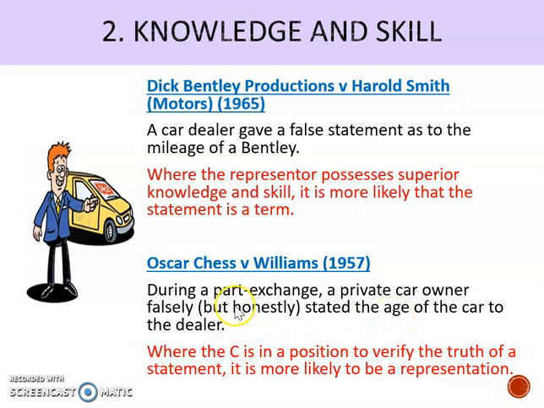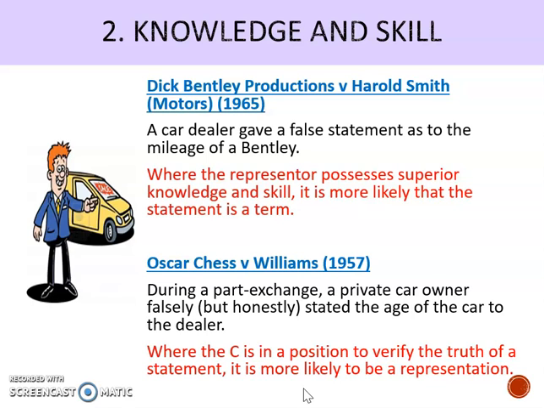Now, obviously, the car dealer is in a position to have superior knowledge about cars than just this ordinary private car owner. So therefore, although she'd made a false statement about this car, that was held more likely to be a representation, because the claimant, the car dealer, was in a position to verify the truth of the statement.